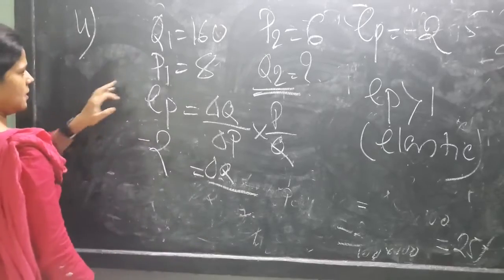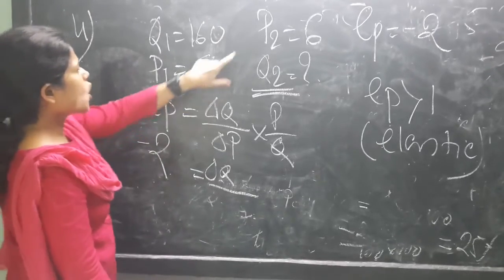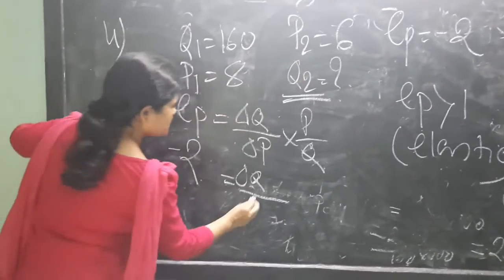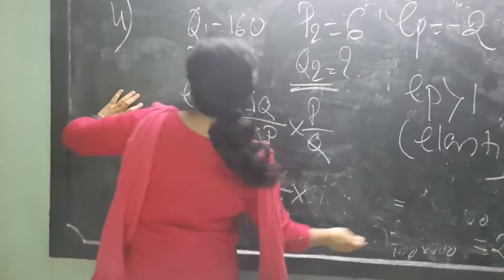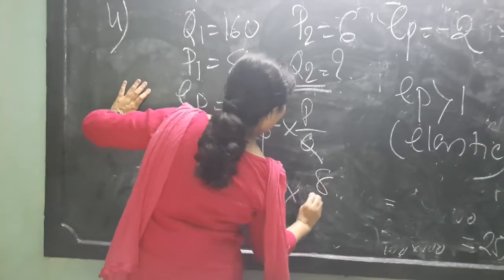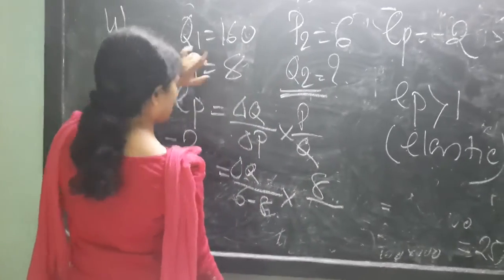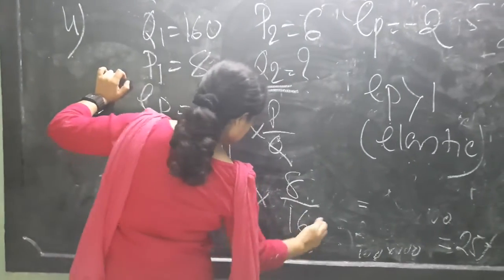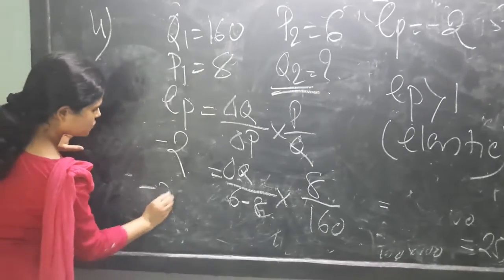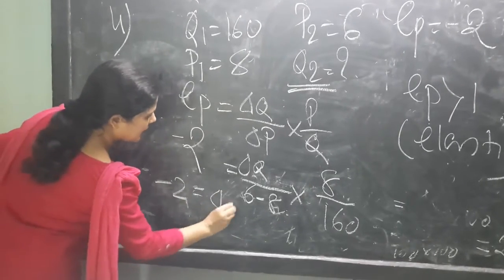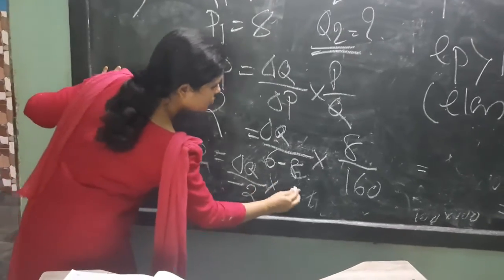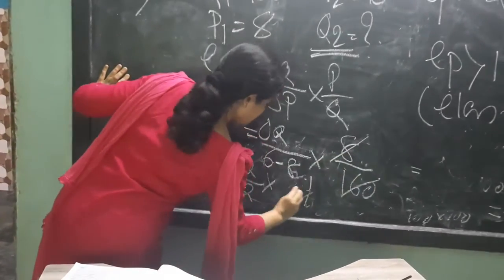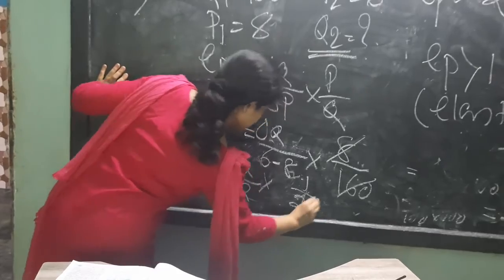Delta P is 6 minus 8, into P, the initial price 8, and Q, the initial quantity demanded, is 160. Solve: -2 into delta Q into -2 into 1 by 20.